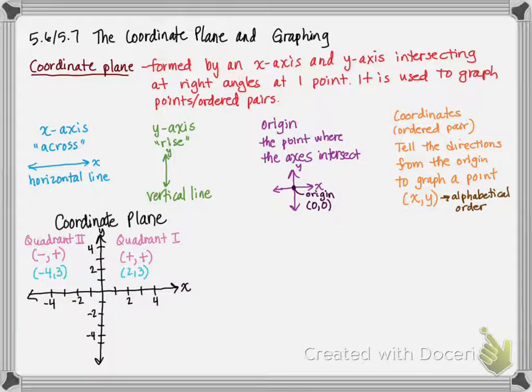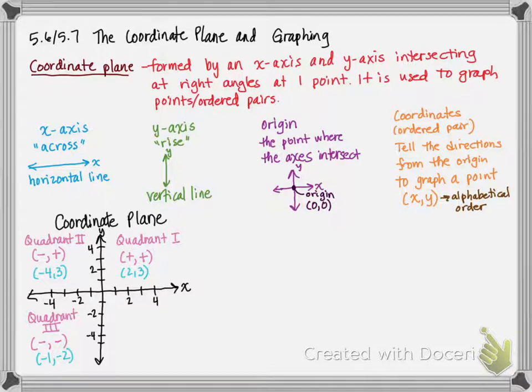Okay, and we're going to continue going counterclockwise, and we get to quadrant 3. I'm going to put him underneath. And I'm going to call him the math Hades because it's all bad there, right? So we have negative x's and negative y's. So for example, we have a -1 and a -2.